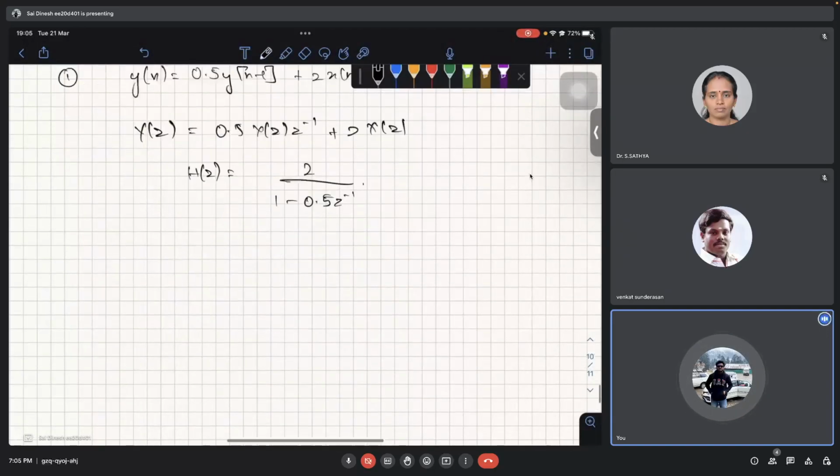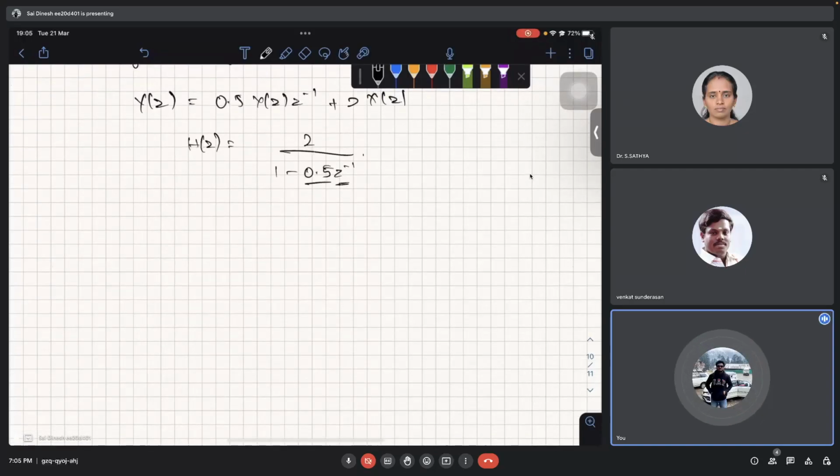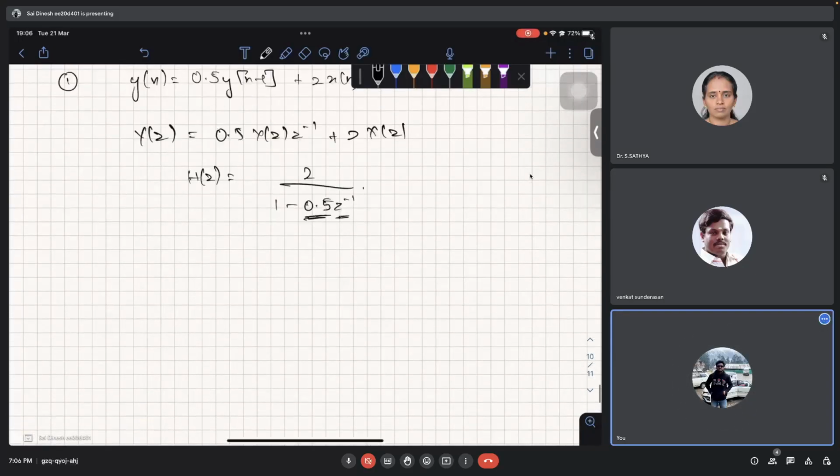So this is actually in the form of a low pass filter, right? There is a pole at 0.5, at angle equal to 0.